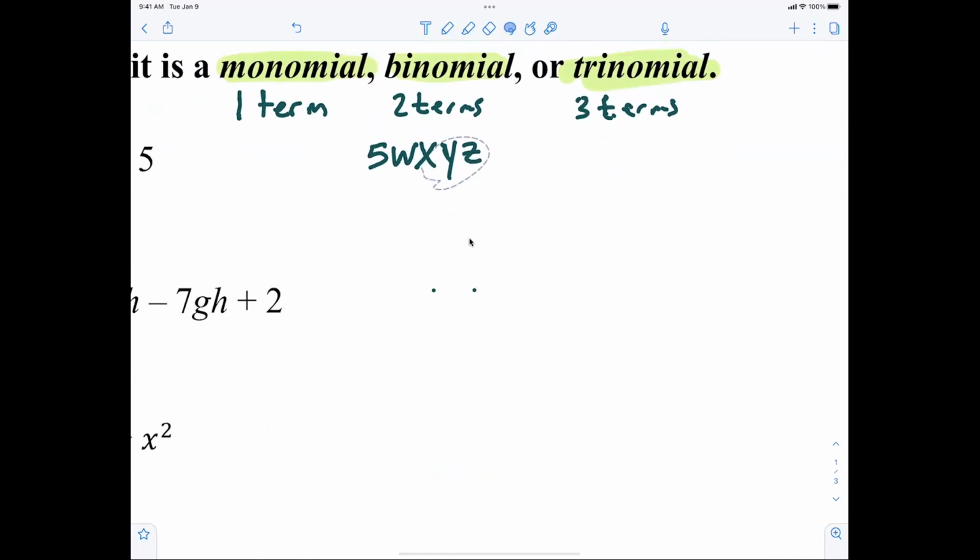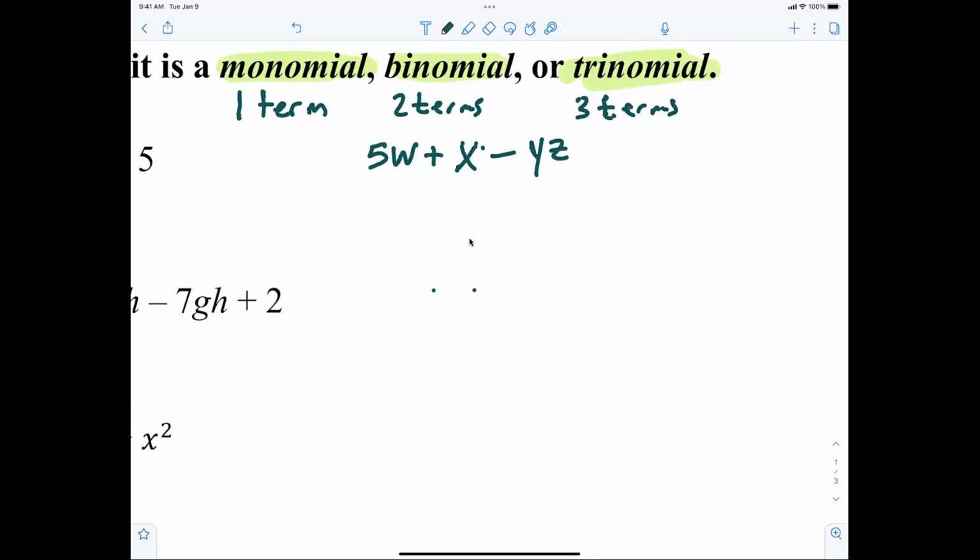Now watch this, please. How many terms? 2. That's considered a what? Binomial. All right. How many terms? 3. Trinomial.